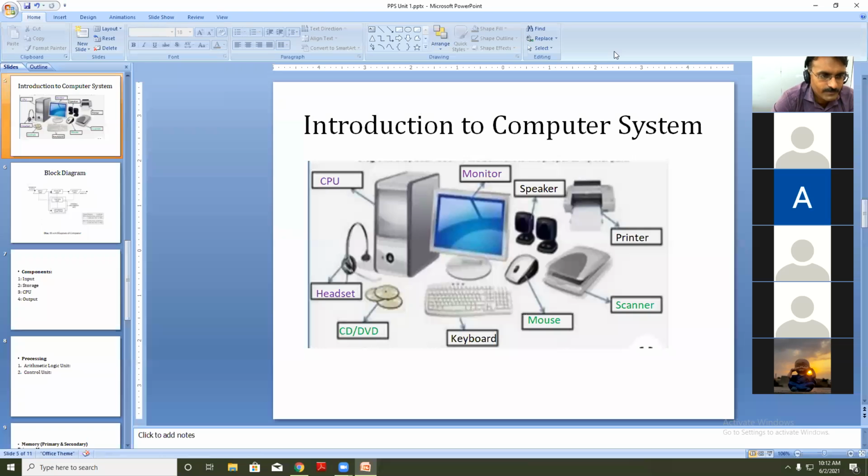I'm not getting your voice clearly, can you please repeat? It is an electronic machine that can store and arrange information, perform calculations, and control other machines. Okay.